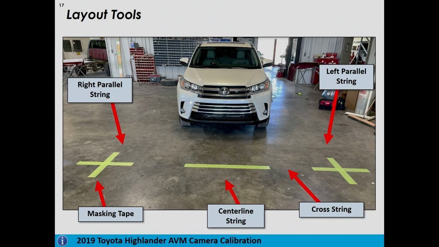And if we do not have a perfect center line, if you look at our crosses here for basically our intersection point of the meshing of cameras, if we are off with that center line, we're now a great deal away from the vehicle. And this is really going to throw off our calibration. And when the customer goes to drive that vehicle, they're going to have some blurry lines in between the transition from camera to camera.